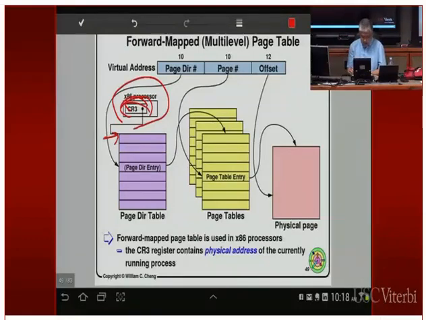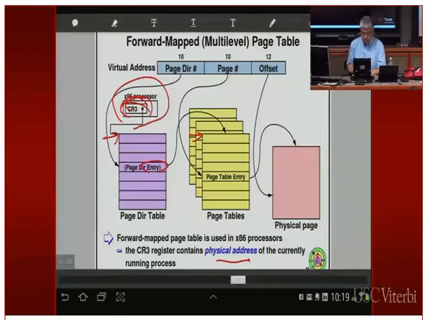Okay, so the CR3 register contains a physical address, and the page table entry over here also contains a physical page number, and if you shift by 12 bits, you get a physical address. And the physical address will give you the first address of the second level page tables. So all these things contain physical addresses, all right?